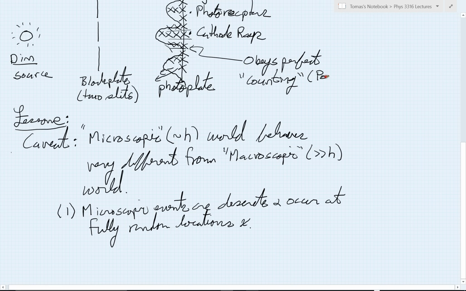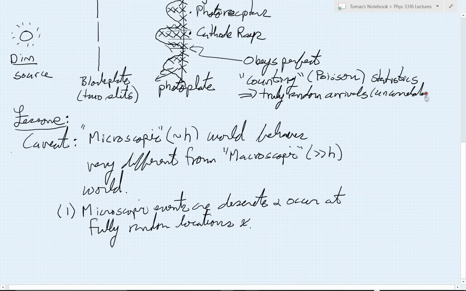It's called Poisson statistics, because the distribution that they follow is known as the Poisson distribution, but they obey perfect Poisson statistics. So this is very strong evidence that the arrivals are truly random arrivals that are uncorrelated with each other and random.